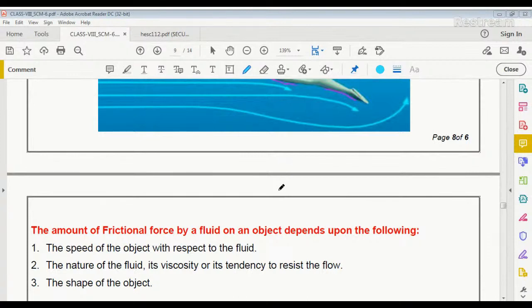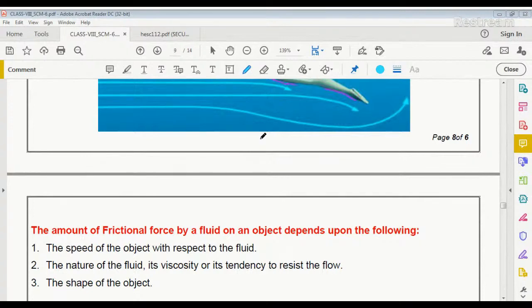Number two, the nature of the fluid, its viscosity or its tendency to resist the flow. Now, what is viscosity? In water, there is also a type of friction, isn't it? That type of friction is known as viscosity. The next point is the shape of the object.